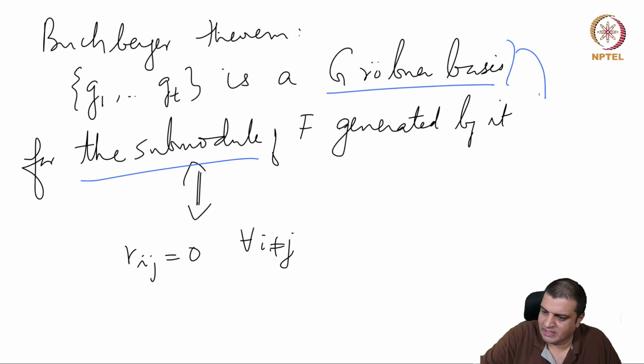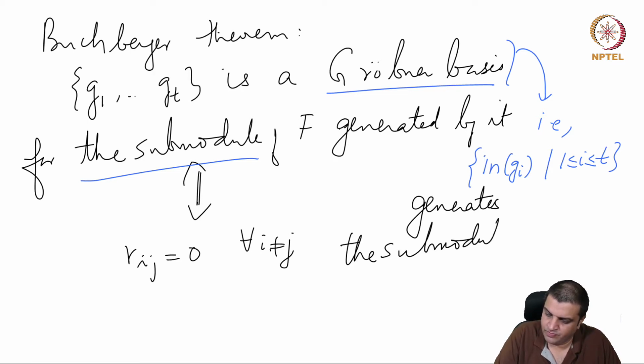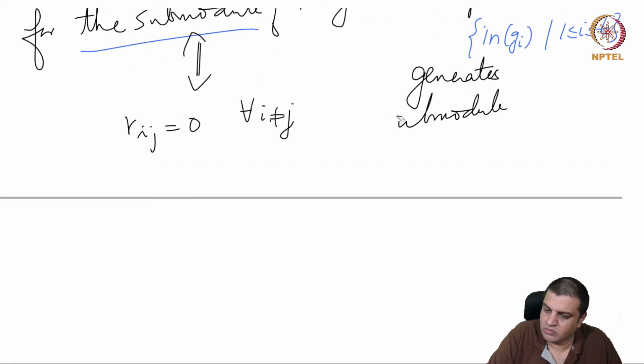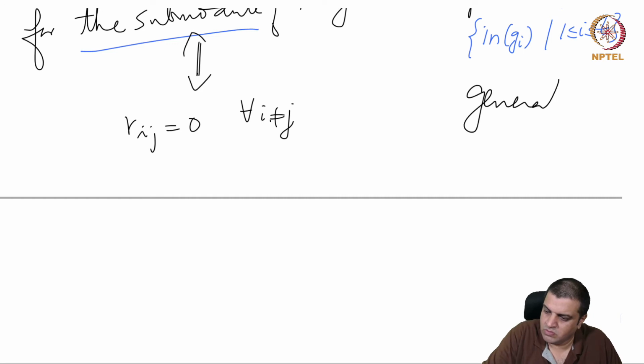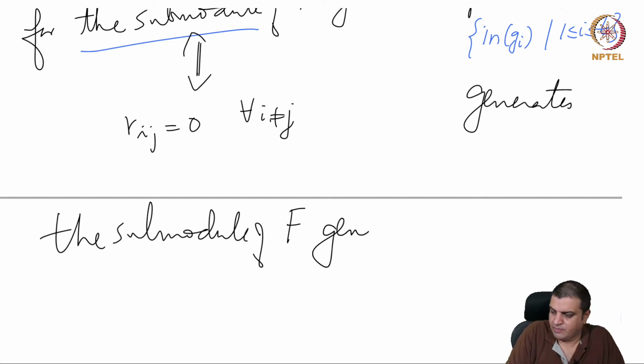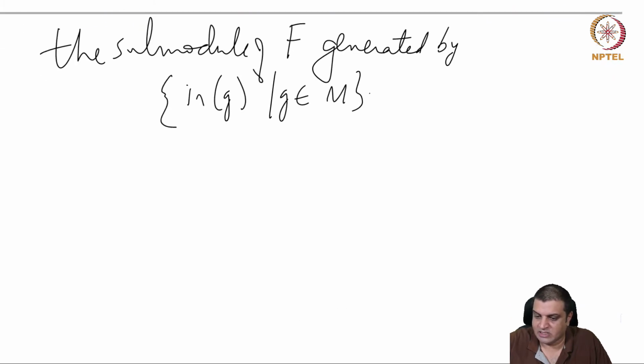It means exactly what it had meant earlier: the set of initial terms of Gi, for 1 less than or equal to i less than or equal to t, generates the submodule of F generated by the initial terms of all the elements in M. So exactly analogous to what we do for ideals, one can prove the statement.